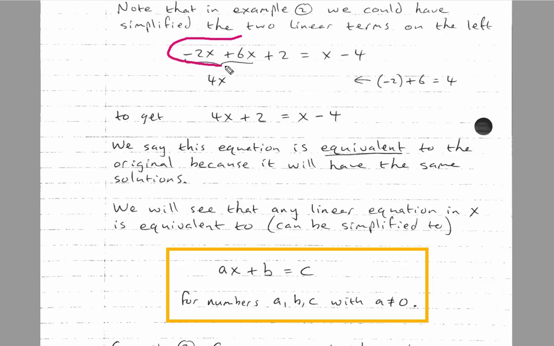So what we're saying is, this complicated looking linear equation, we can do algebra to simplify this to make it look like this. That's our key idea. We want to simplify these linear equations, makes them easier to solve.